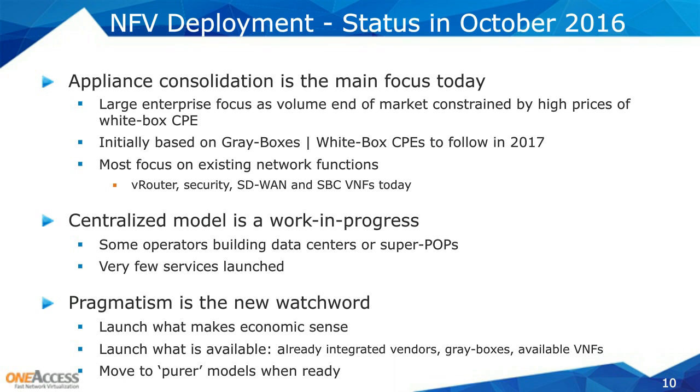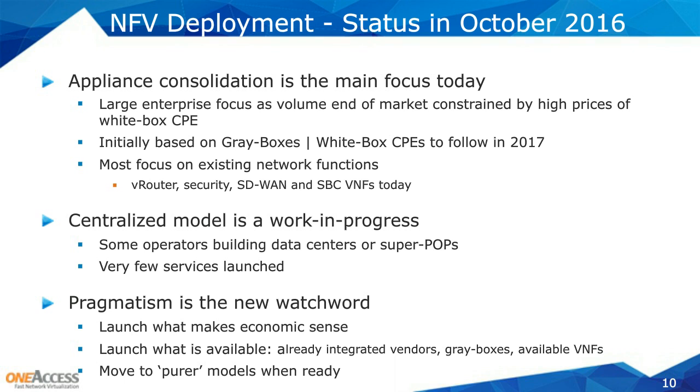So what they have done in order to get to market relatively quickly is to use a so-called grey box. This is a box that has a typical network processor for the routing functions and some other network functions, but also has an x86 compute platform either as a blade or integrated into the product so that they can host VNFs.